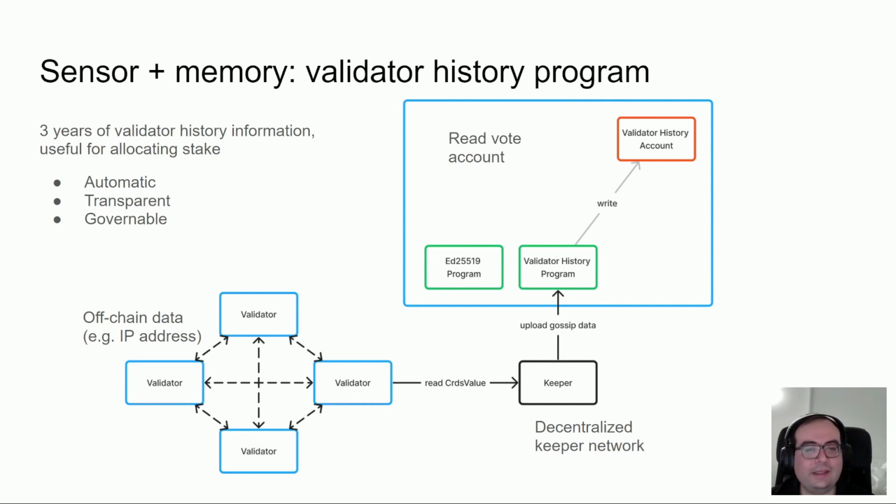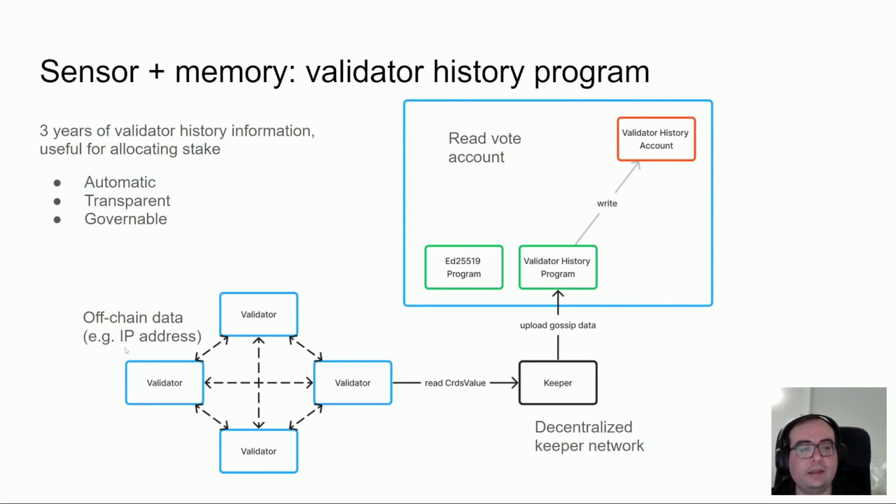Now, Stakenet and validator history program will also get data off-chain. I mean, there will also be off-chain data uploaded to the validator history program, and this is done by being part of this peer-to-peer network or getting data from the peer-to-peer network of the validators, because there is some important data that you just don't have on chain, and it can still be useful for the Steward program.